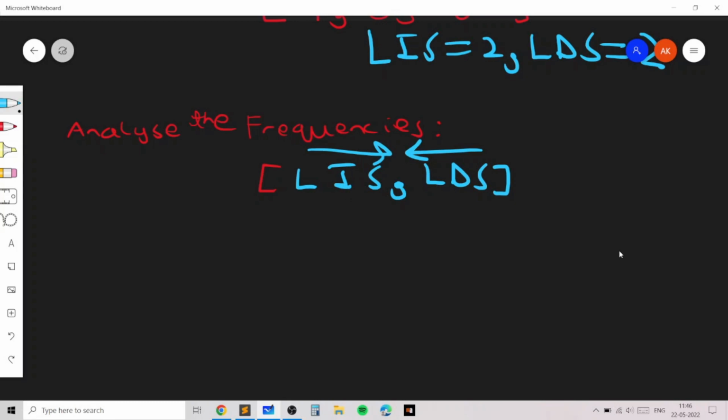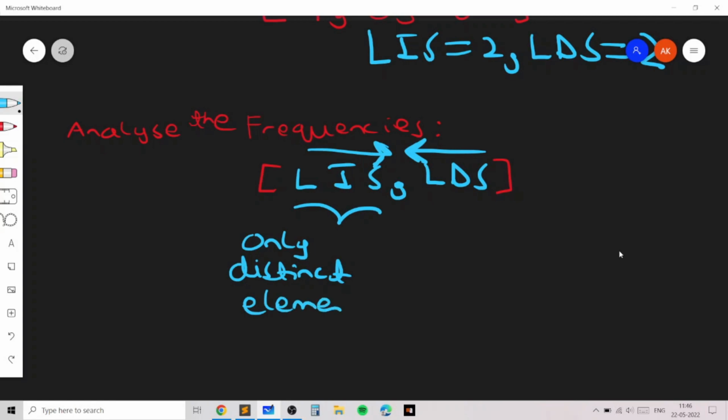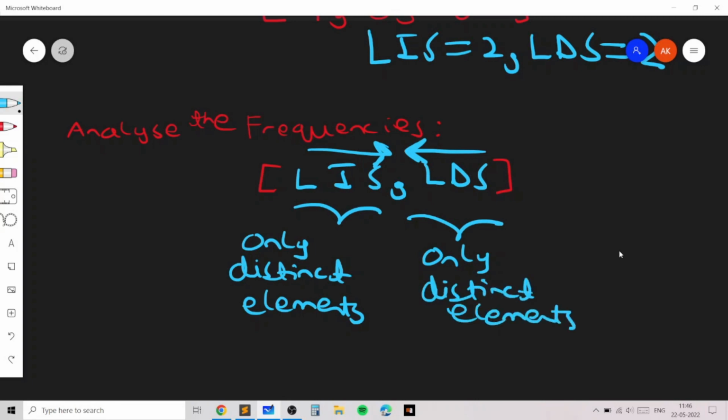So in each part of the construction, the LIS will contain only distinct elements and the LDS will also contain only distinct elements, because that's the definition of the LIS and the LDS, that they are strictly increasing or strictly decreasing. Because they contain only distinct elements, for the numbers with frequency 2 or greater, one occurrence will be placed in the LIS and one occurrence will be placed in the LDS.